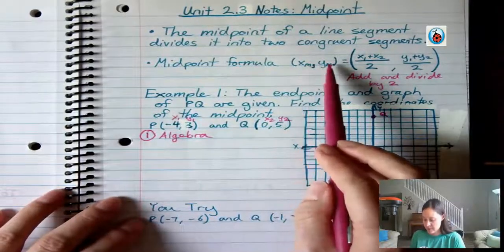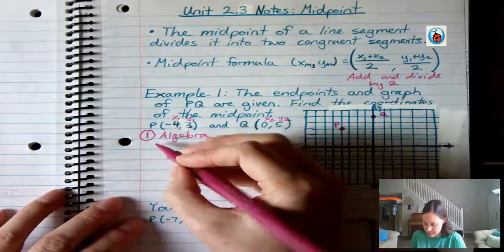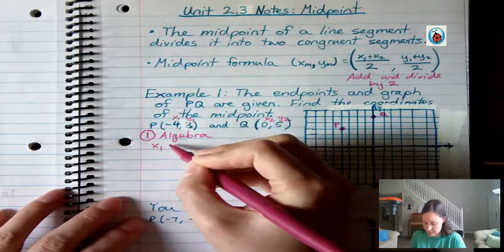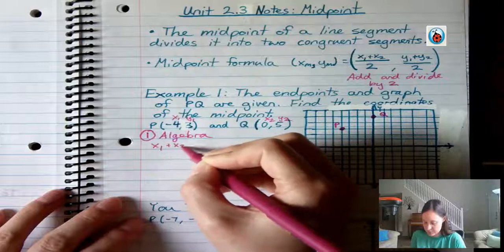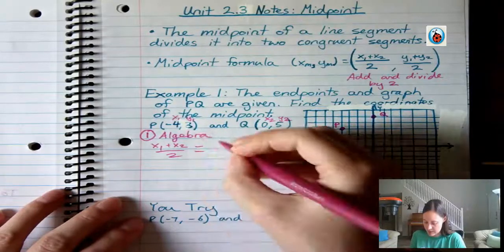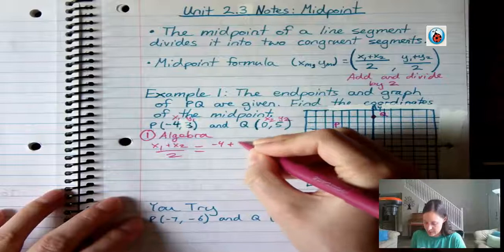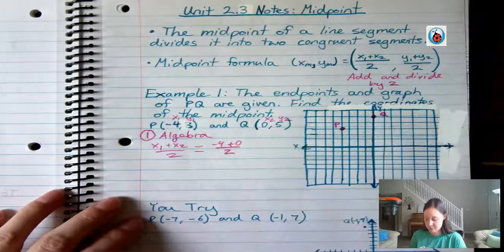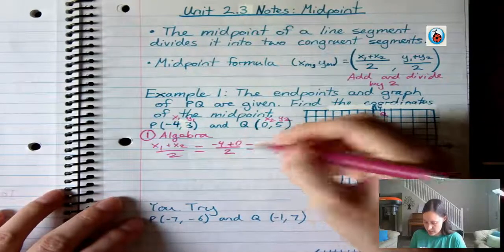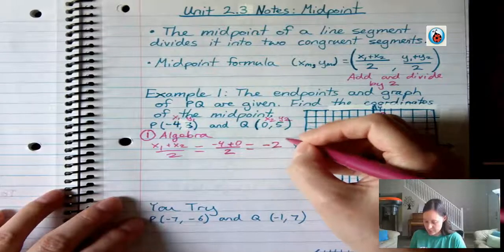They're in the formula x, y, and I just add the x's, divide by 2. So that means -4 plus 0 divided by 2. -4 divided by 2 is just -2.